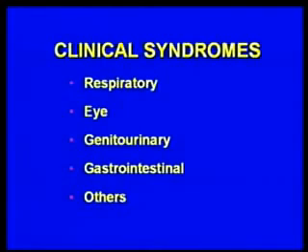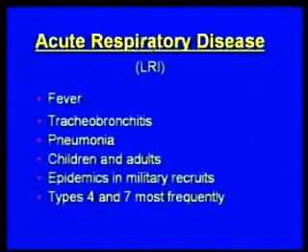I'm going to go over some of these, starting with the respiratory syndromes. The first one here, I'm starting with the lower respiratory disease, which is called the acute respiratory disease caused by adenovirus. And this can be in the form of tracheobronchitis or pneumonia. As I said, outbreaks have been described in military recruits because of this.